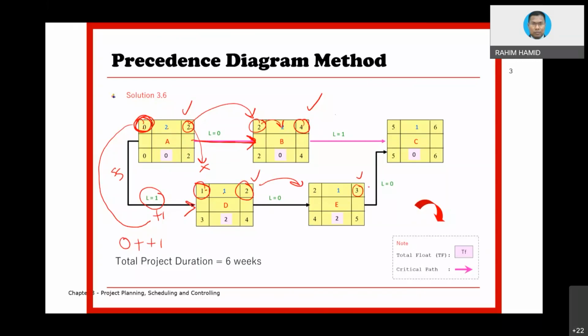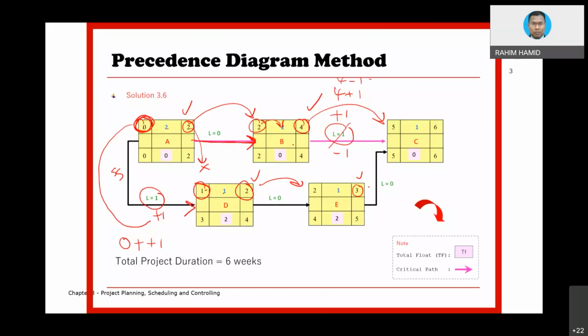But then, okay, between B and C, you cannot transfer directly because there is a +1 here. So 4 plus 1 equivalent to 5. If, for instance, instead of giving a positive lag, the node gives negative lag, then you need to minus: 4 minus 1, it becomes 3.